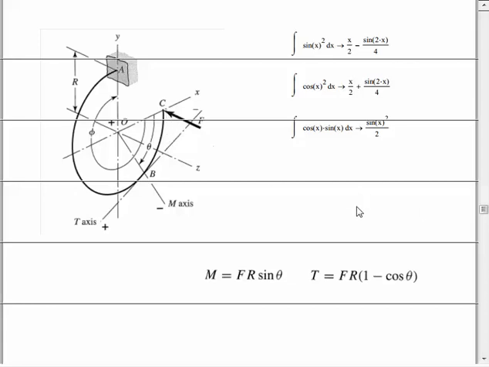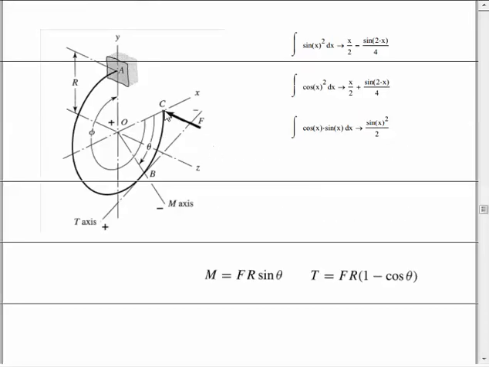One of the things needed when we're doing circular curved beams is that the forces will involve sines and cosines, the partials will involve sines and cosines, so we'll have products of sines and cosines that have to be integrated. So here's the definition of sine squared, cosine squared, and the sine cosine integrals. For this particular problem, here's the bending moment as a function of theta, and here's the torsional moment as a function of theta. These energies can be written up. This looks like a very thin beam compared to radius compared to height, so we could probably use thin beam technology on this.